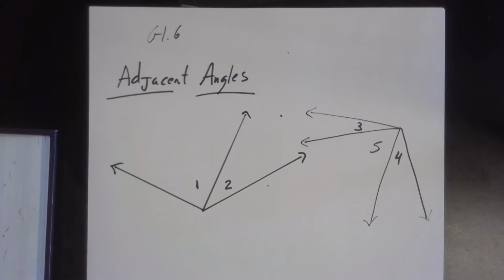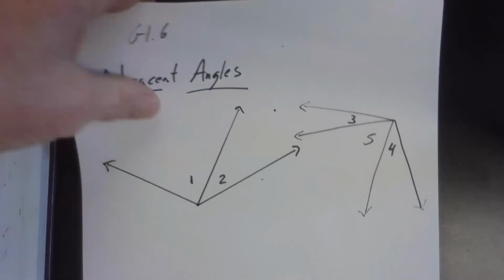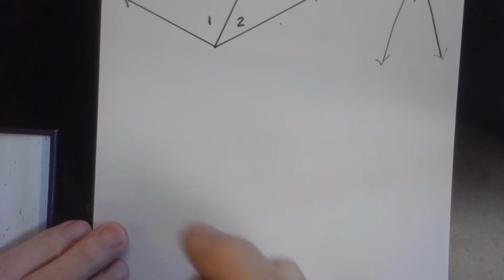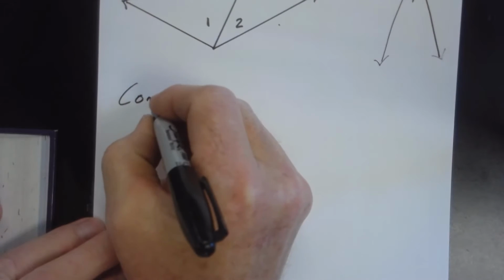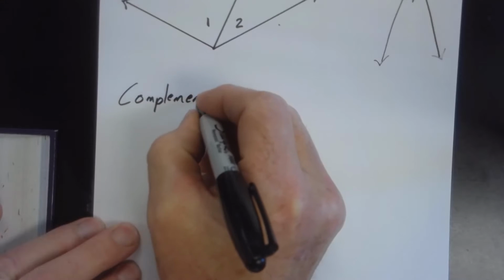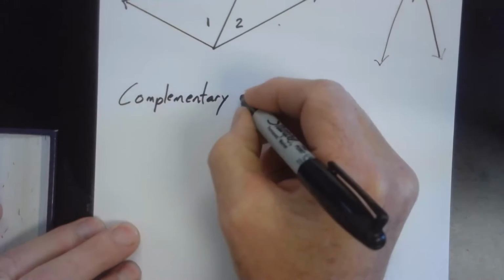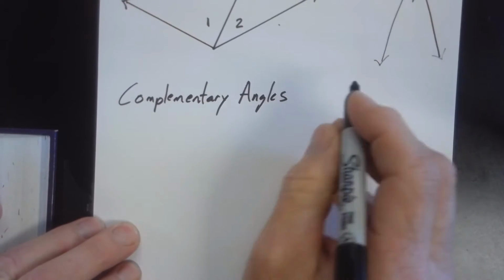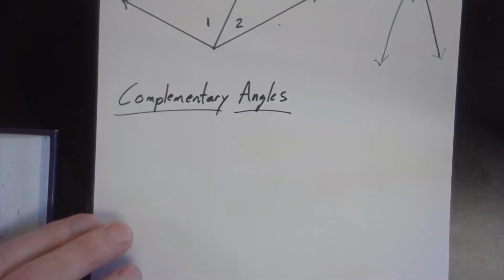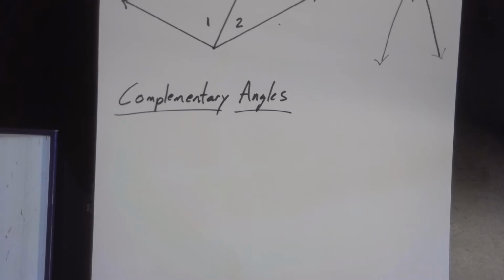Okay, now that you know what adjacent angles are, I think I can explain to you what complementary means. Complementary angles are angles that look at each other and they're like, ooh, you're looking quite acute today.